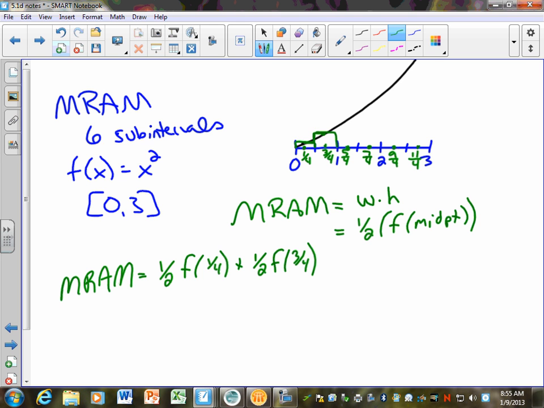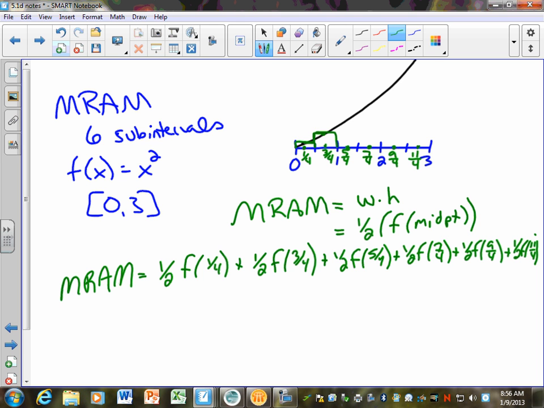Or 2. Plus 1/2 times f of 5/4 plus 1/2 times f of 7/4 plus 1/2 times f of 9/4 plus 1/2 times f of 11/4. Not a bad idea to make sure you have 6 different areas that you're finding there, because you have 6 rectangles, so it's a nice little check to make sure you didn't leave something out.